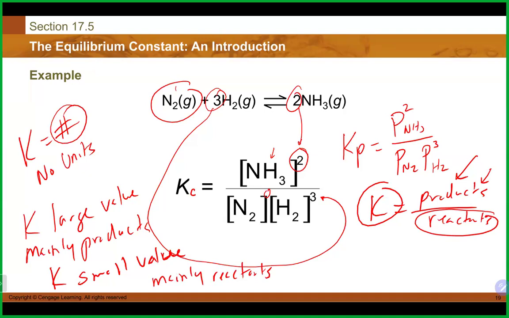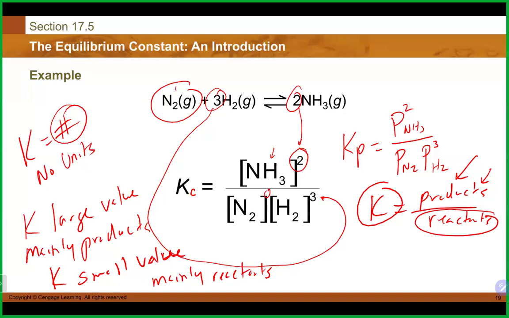Now, there are definitely various degrees of that. There are some K values that are like times 10 to the 36 or something like that, really large values. And there are some K values that are like times 10 to the minus 54, which are super small values. And there are ones all the way in between in terms of equilibrium constant.